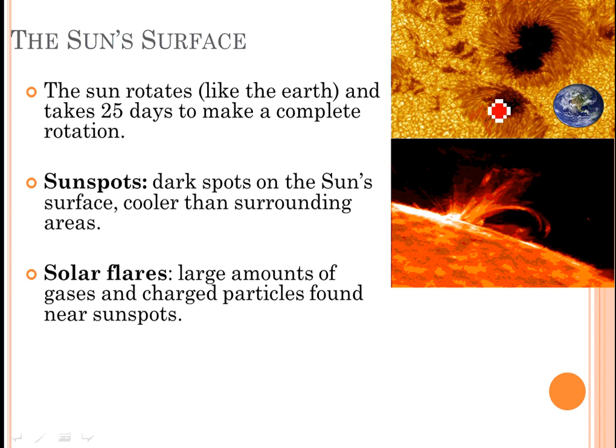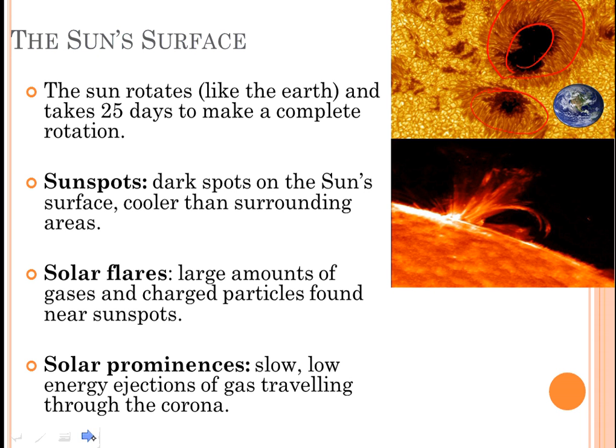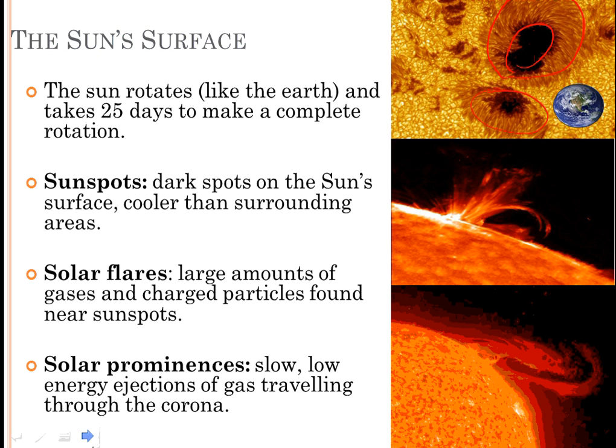You can see sort of right here in this area, you have the sunspot going on there. And then, of course, you have the solar prominences. And this is just low energy gas being ejected out through the corona of the sun. So these are just ejections of gas and stuff, which is pretty cool. And again, the Earth, which is pretty small comparatively.